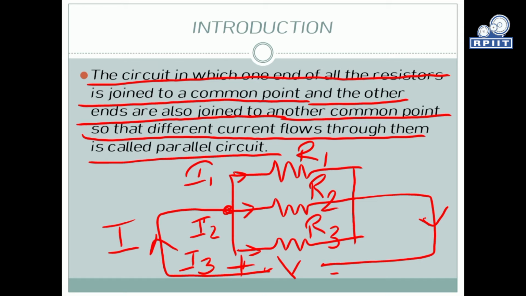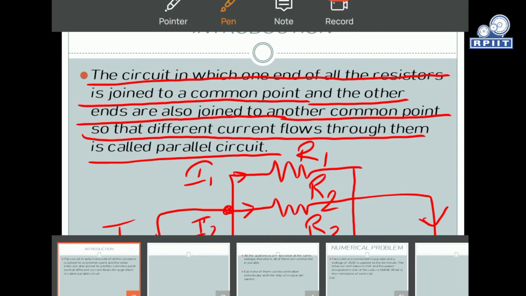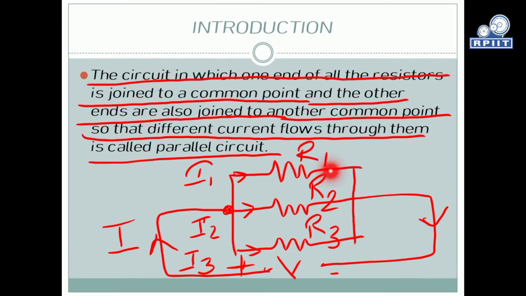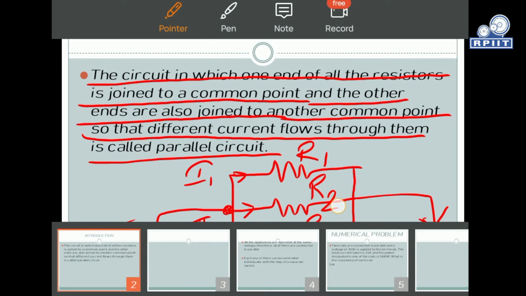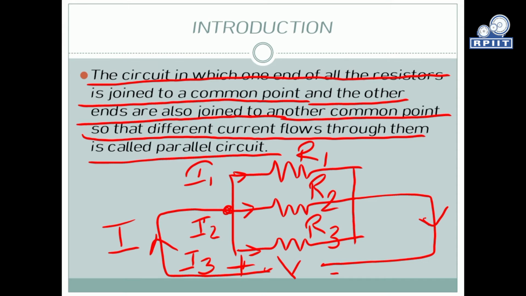This is the simple parallel circuit. In this circuit, the three resistors R1, R2 and R3 are connected in parallel across a supply of voltage V volts, and the total current flowing is I, and this current is divided here.